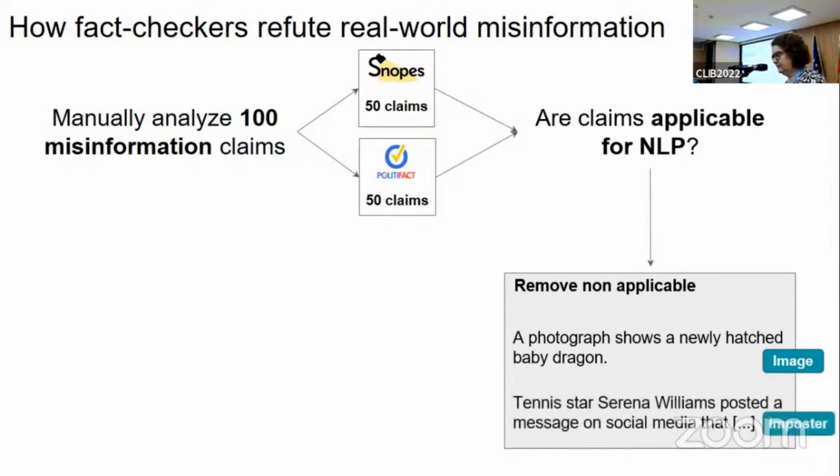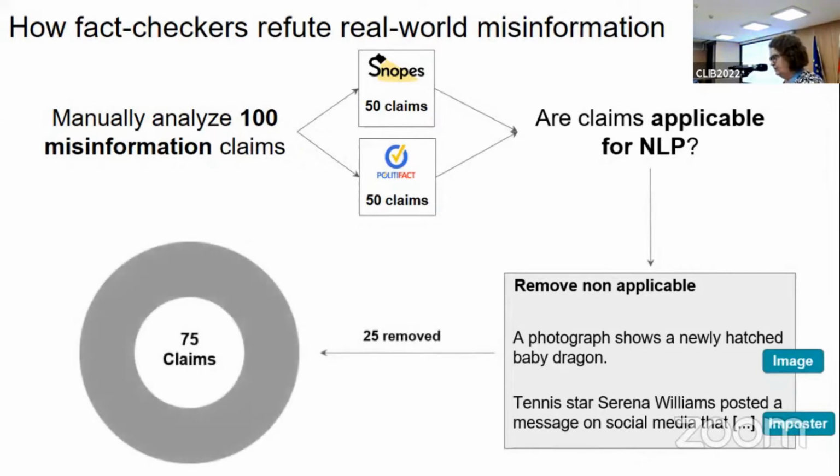Another type is imposter claims, like tennis star Serena Williams posted a message on social media. NLP cannot check this kind of claim because it requires retrieving some other message and putting all this information together. This left us with 75 misinformation claims that could be handled by machine learning and NLP technologies.